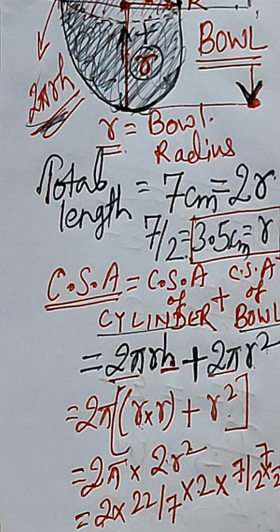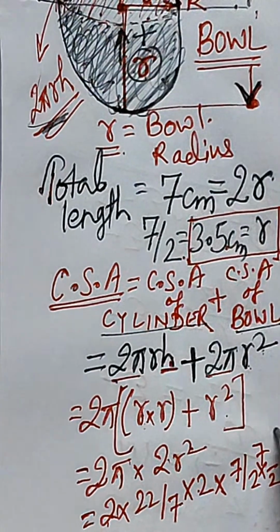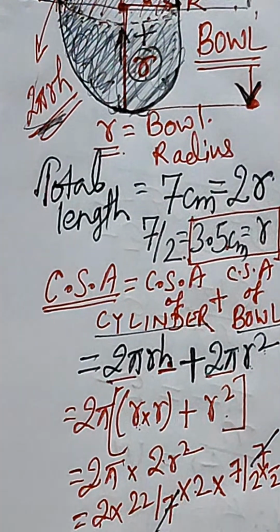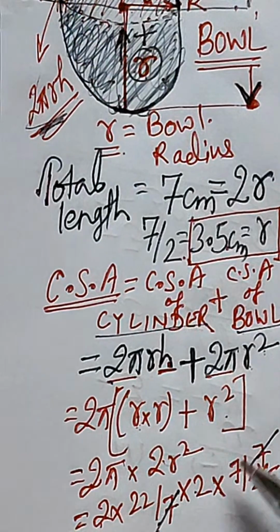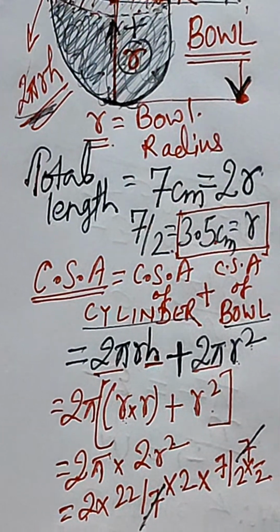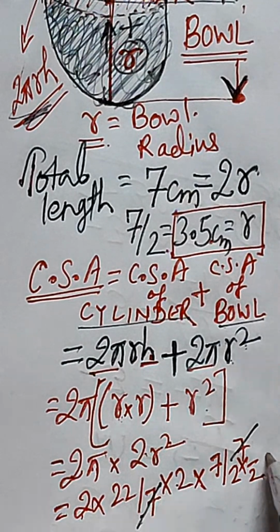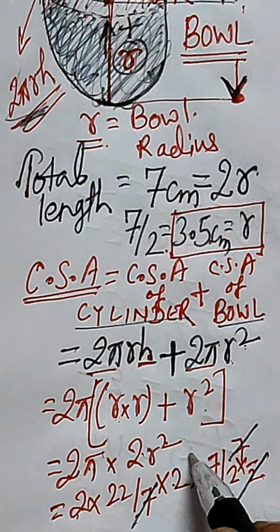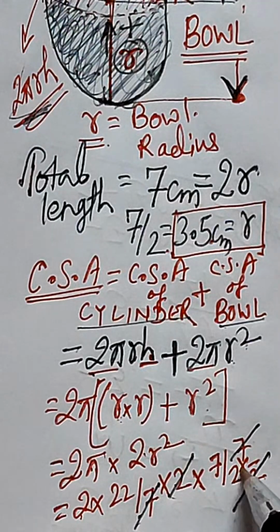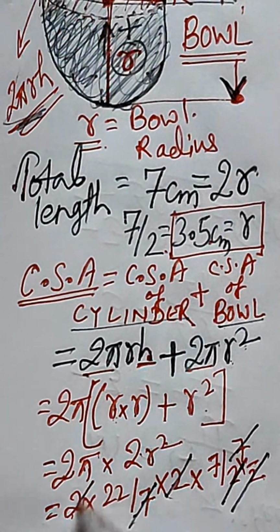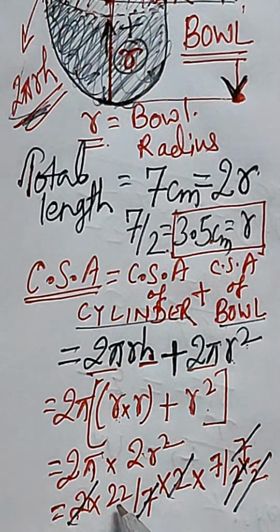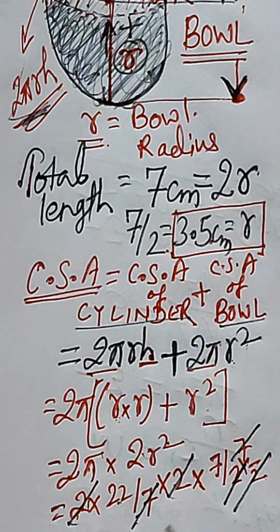Here one 7 and one 7 will cancel, and the two 2s in the denominator will cancel the 2 and 2 in the numerator, and we are left with 22 into 7.